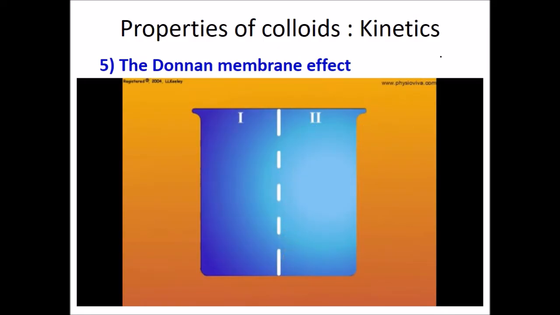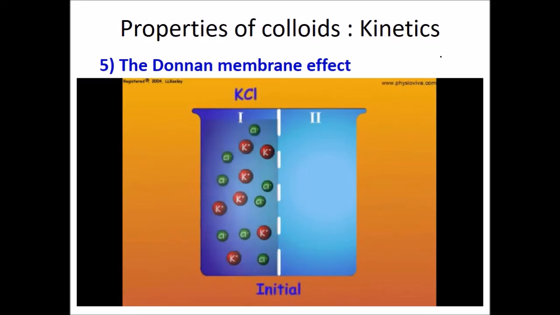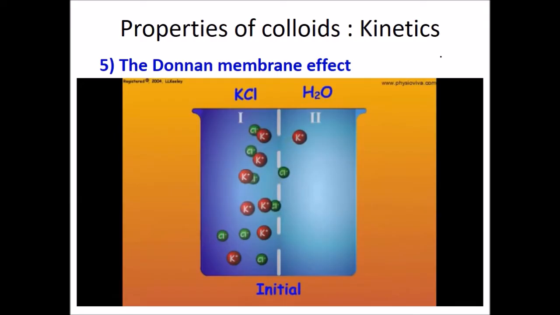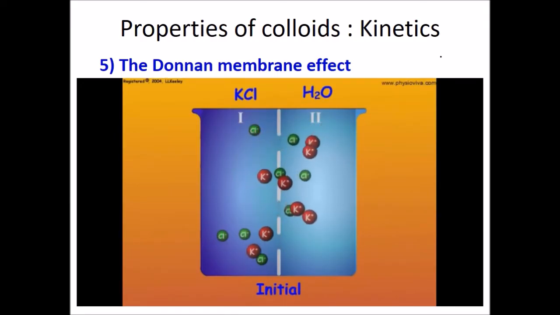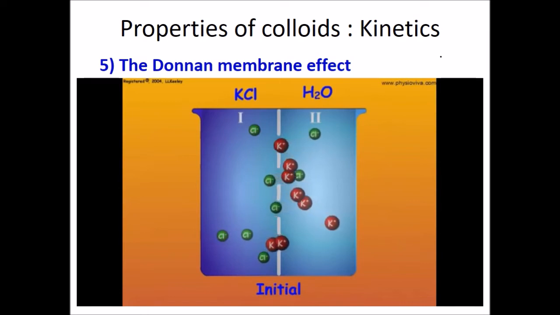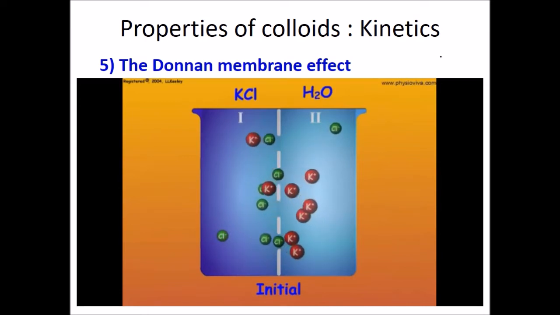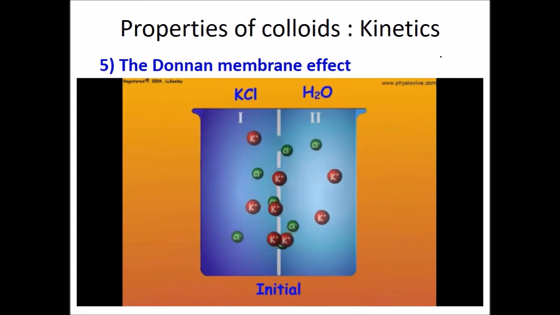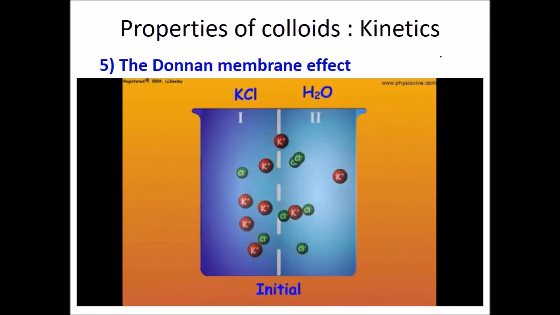A solution containing potassium chloride is added to side 1 of the beaker, and distilled water is added to side 2. The membrane is completely permeable to both the potassium and the chloride ions. Initially, the potassium and chloride ions diffuse passively through the membrane from their high concentrations on side 1 to their lower concentrations on side 2.